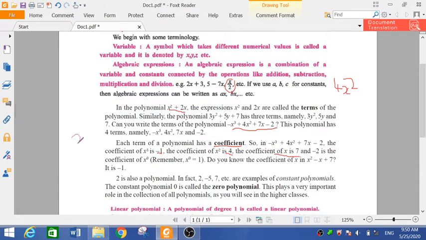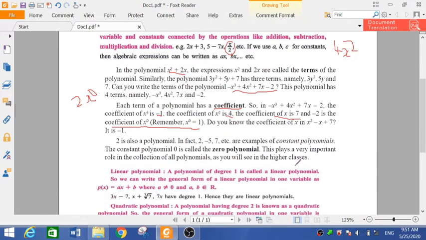The constant term has a coefficient. The constant term also has a variable, but its power is 0. Remember that.